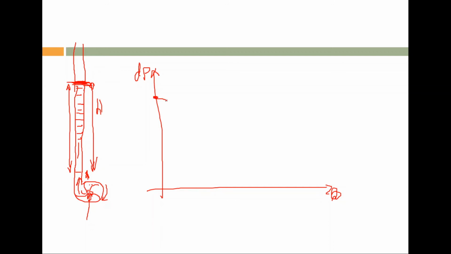Definitely the pressure will increase. Am I correct? If you are decreasing that head, definitely the flow rate will increase.